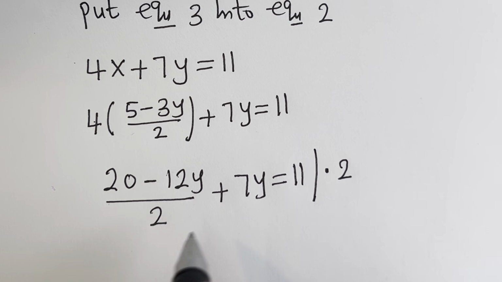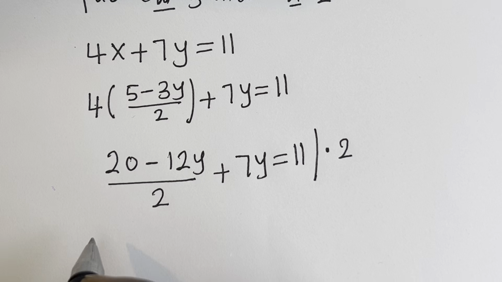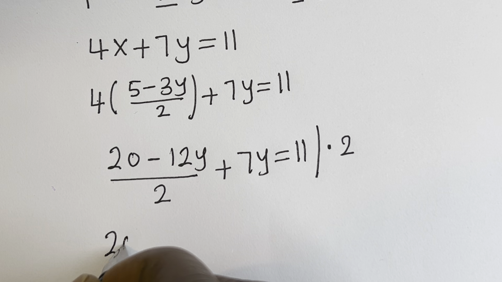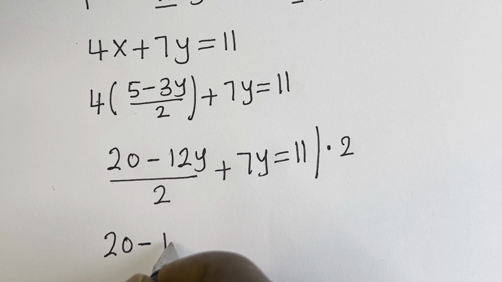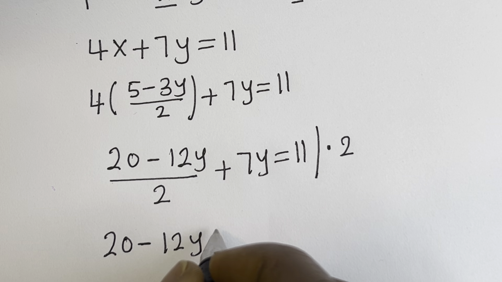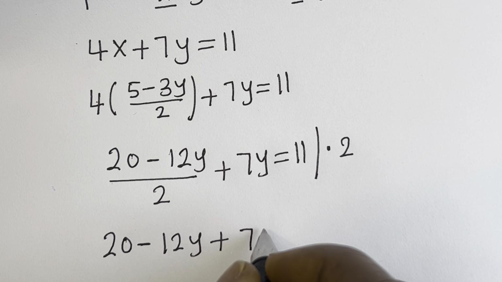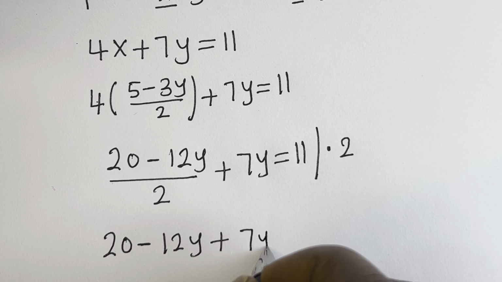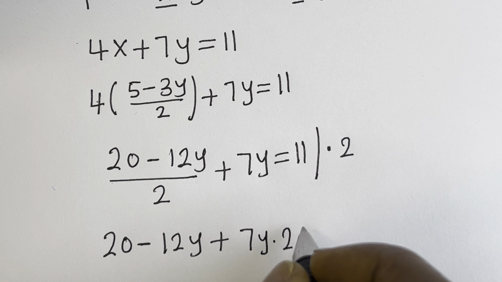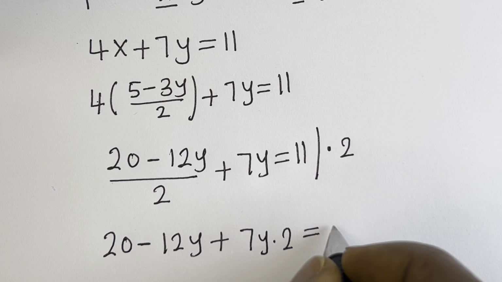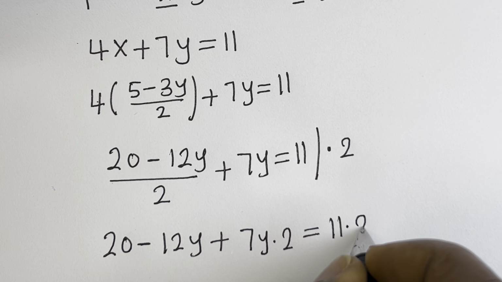If you multiply everything by 2, this equation becomes 20 minus 12y plus 7y multiplied by 2 is equal to 11 multiplied by 2.